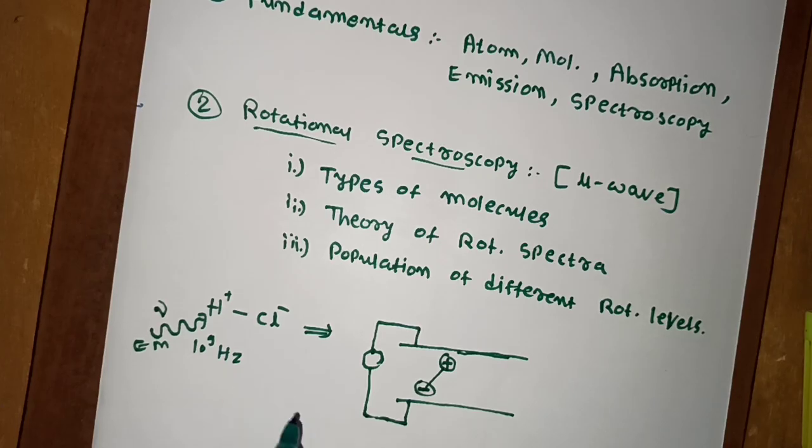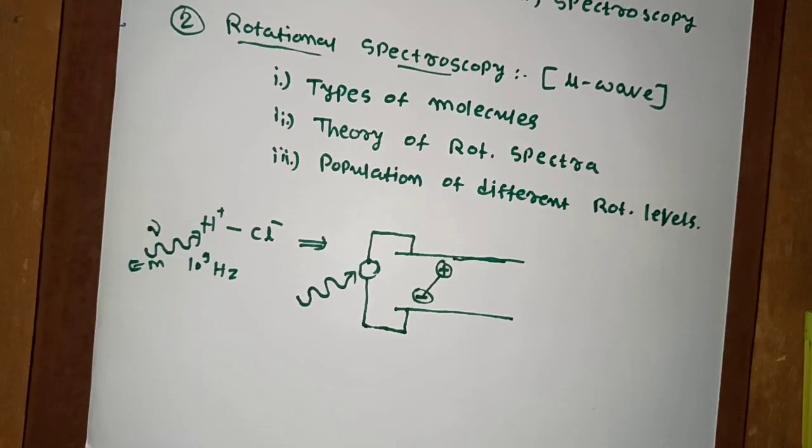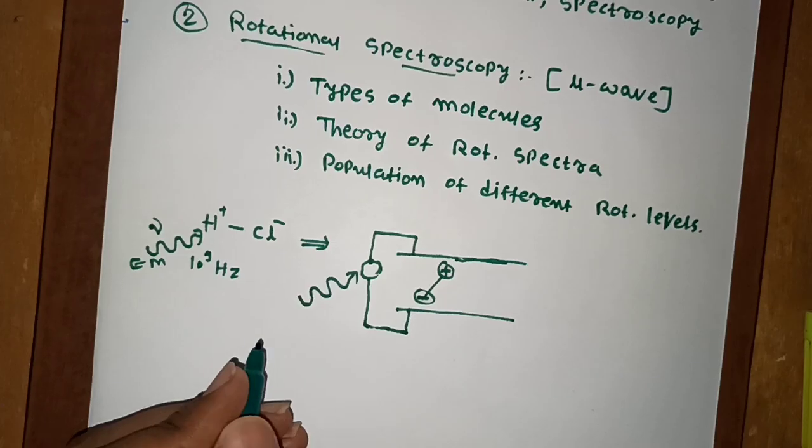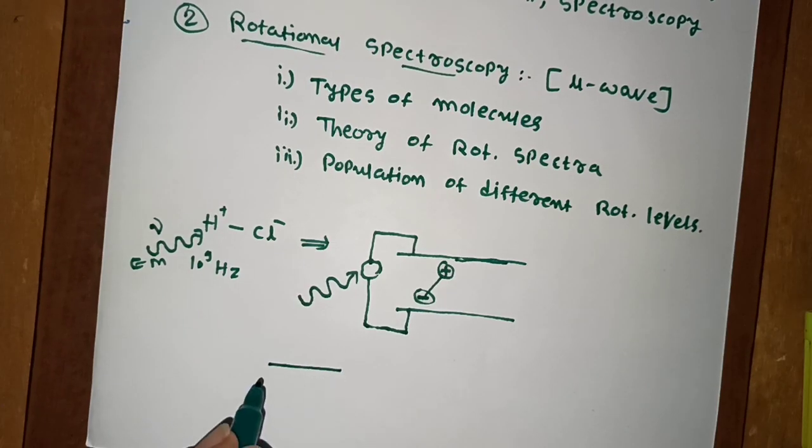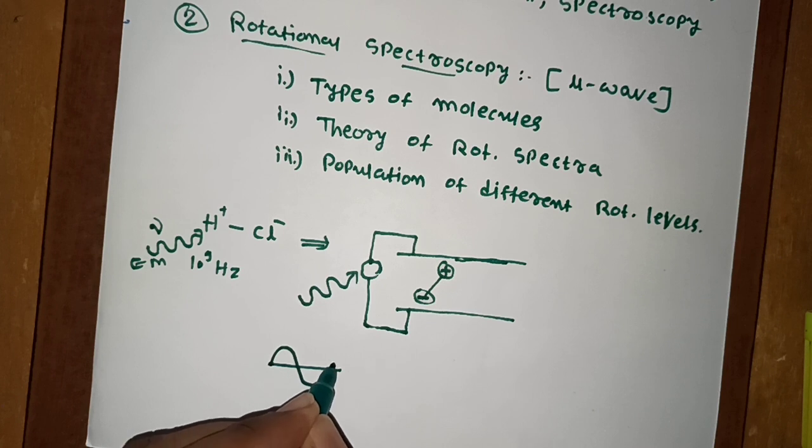And whenever I shine a photon on this, now try to understand what I am saying. Our EM wave is this kind of wave. So it has a positive cycle, negative cycle, then positive cycle.